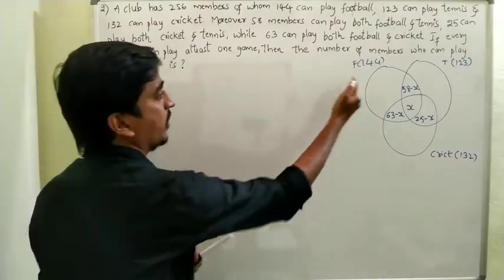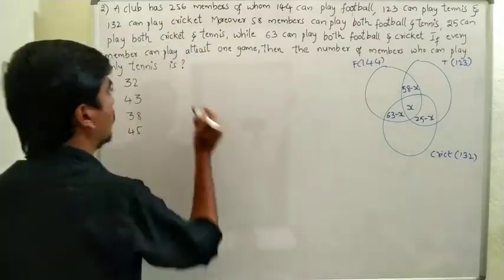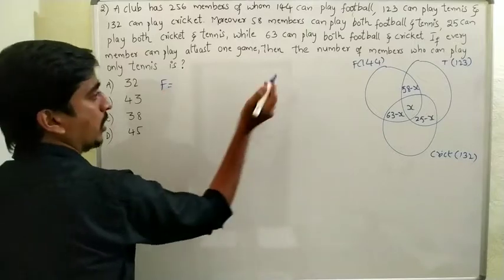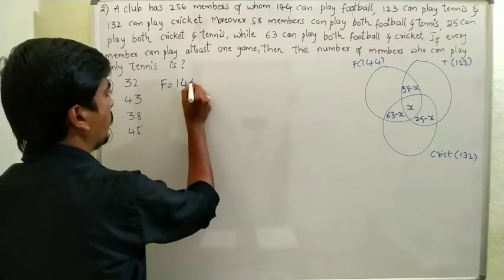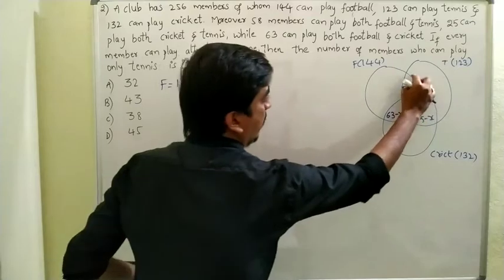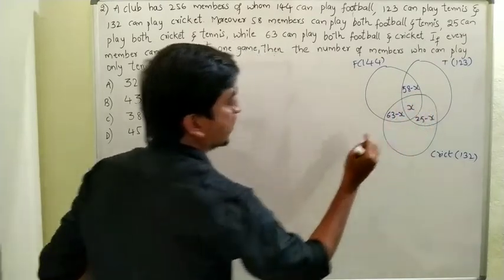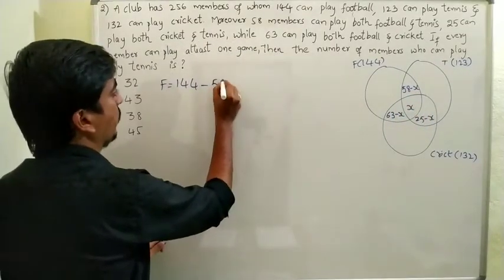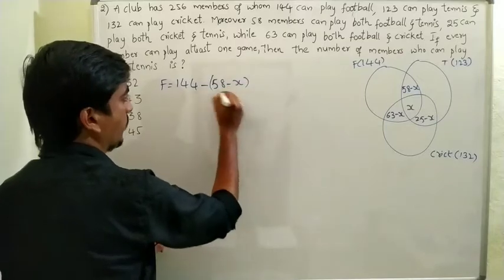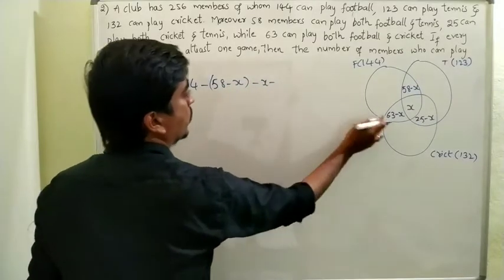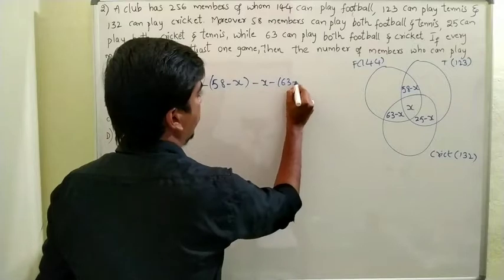So 144 minus, remove this part, 58 minus X, and also minus 63 minus X.